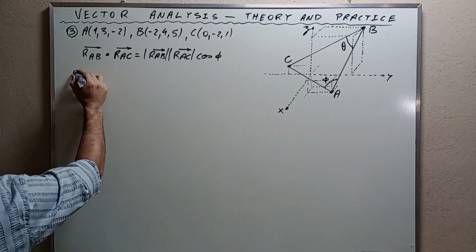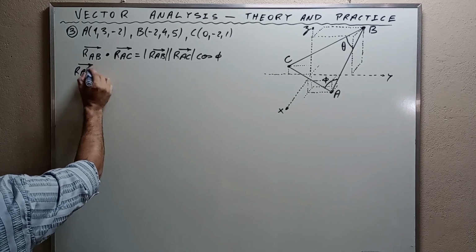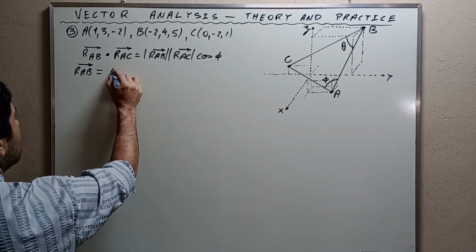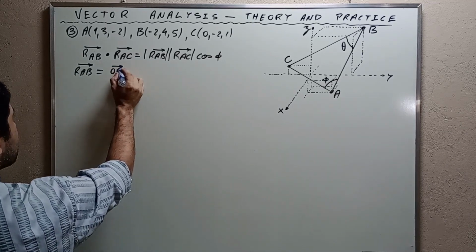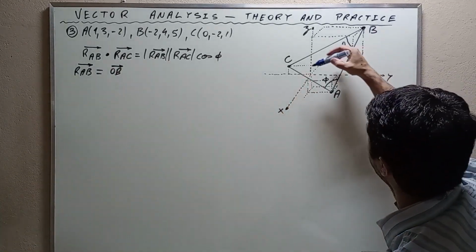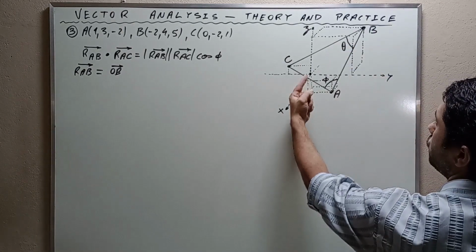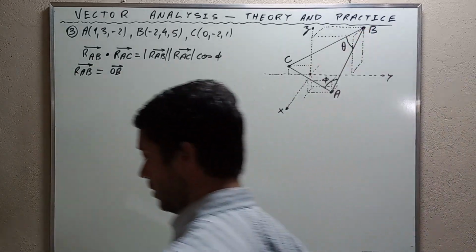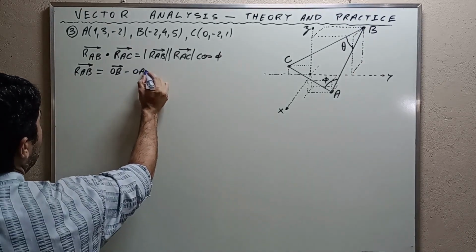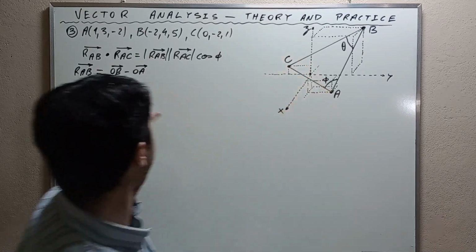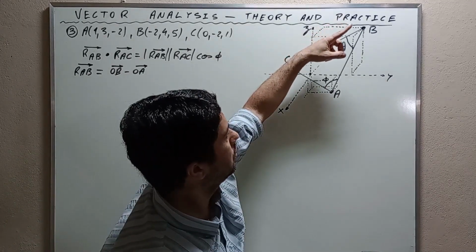RAB can be understood as the subtraction from the vector OB from the origin, this is the origin, from the origin to B, there will be a vector minus vector OA from the origin to A. Vector OB positions the point there.